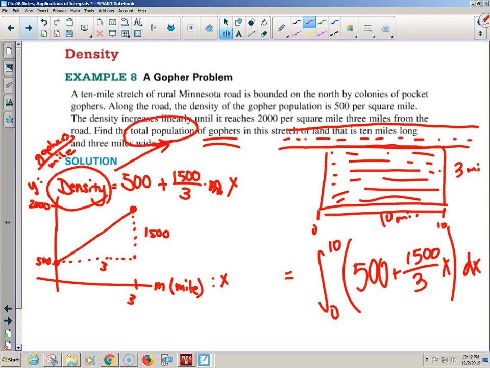What kind of miles? Because I have miles here and miles here. Where'd this come from? The words. 3. What did we name the bounds?